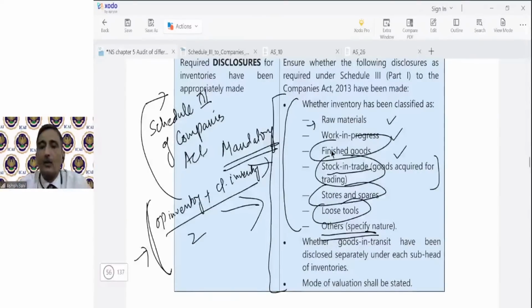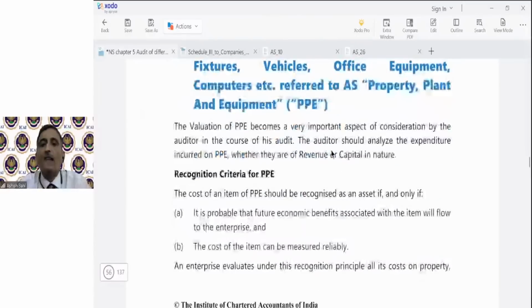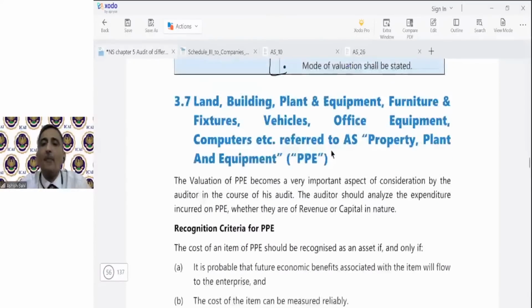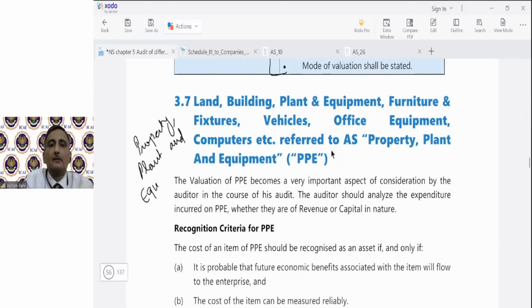Okay, students. So now we come to another item, property, plant and equipment. So students, have you done AS 10?